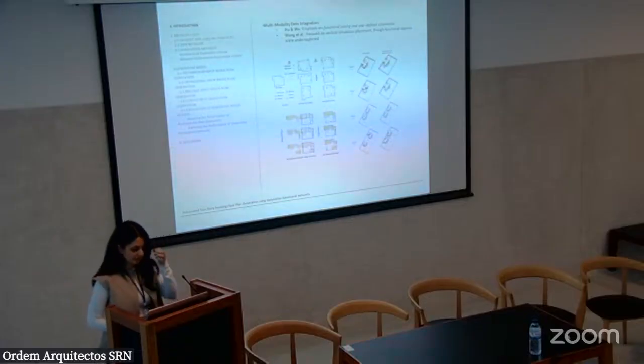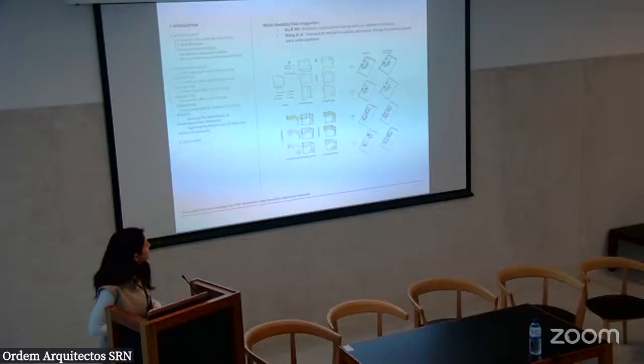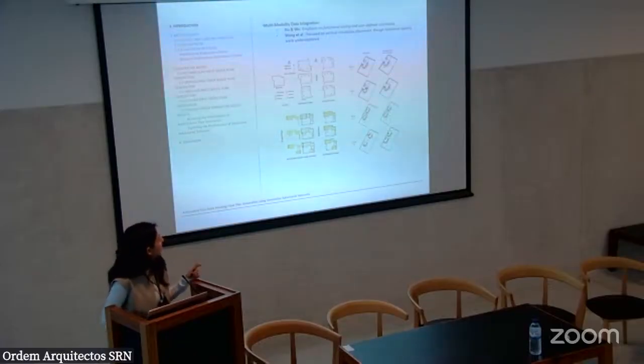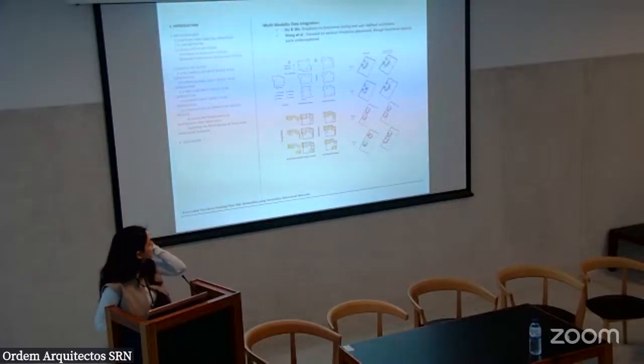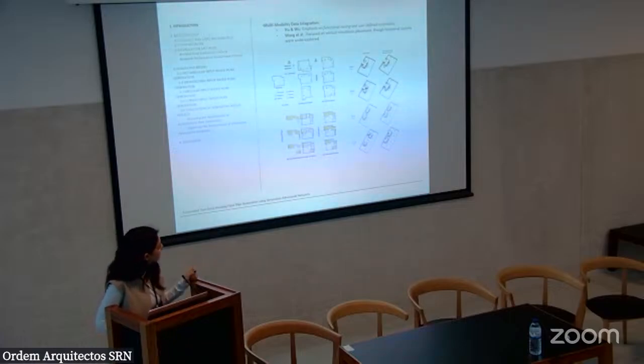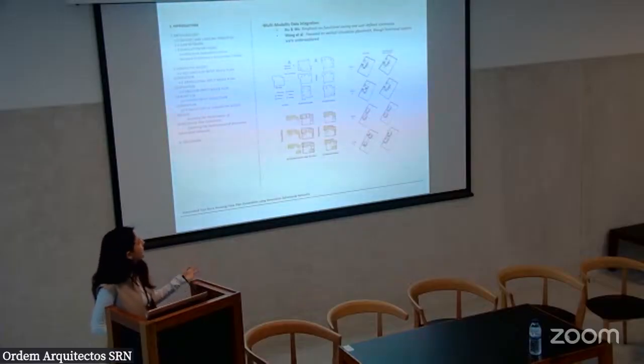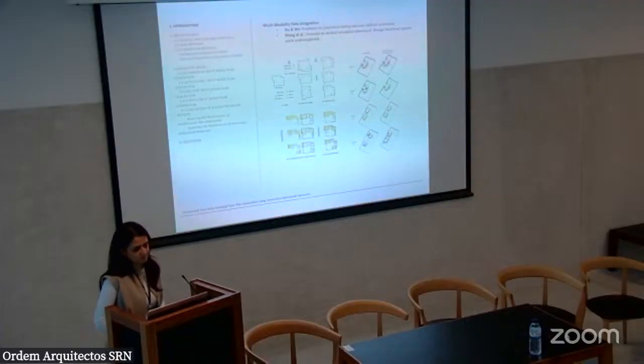There are some examples on it. The first one is graph to plan. It's again using the graphs, but with user constraints. And the other one tries to find the vertical circulation placements. However, it doesn't include the functional aspects of it.